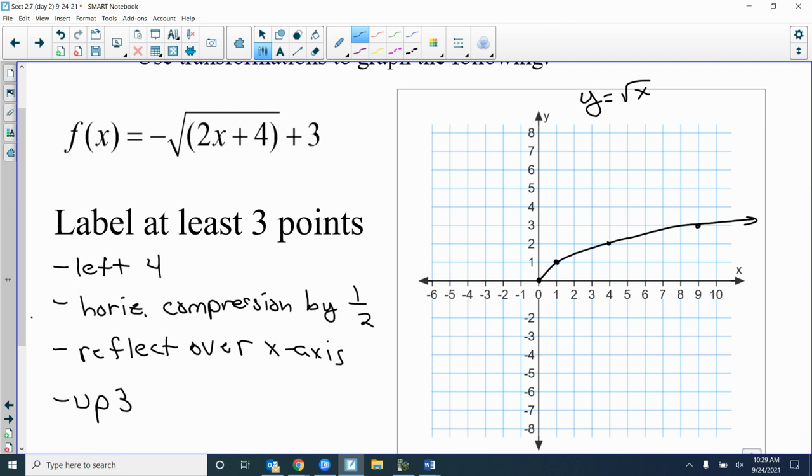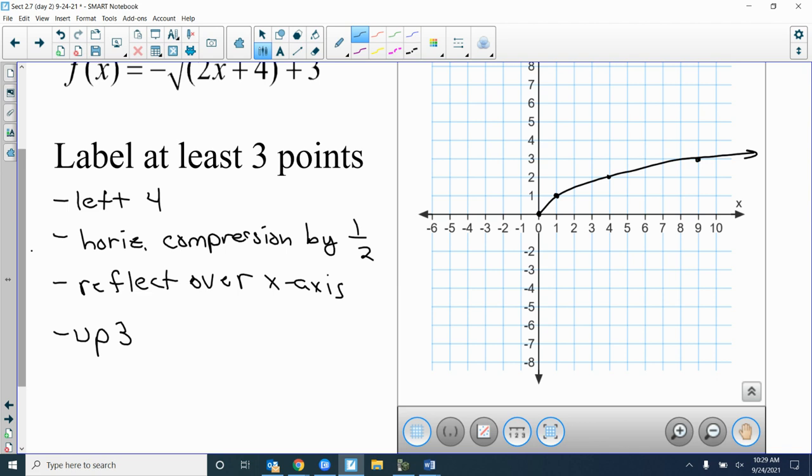Before I do this, how does a horizontal compression work? So let's say if you got a point at 6, negative 3, where's that going to move to on a horizontal compression? Okay, let's see. 3. It's going to go to 3. If you're going to go by 1/2, it's going to go 1/2 closer to the x-axis. So it's going to go to 3.